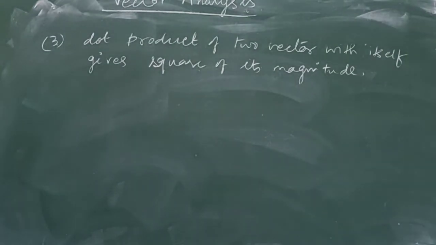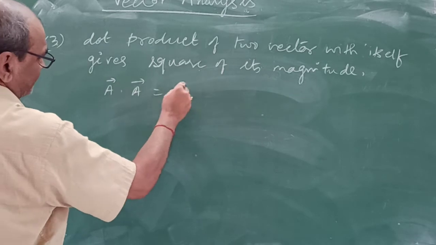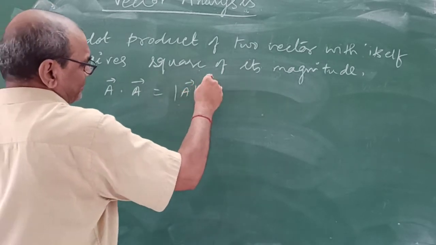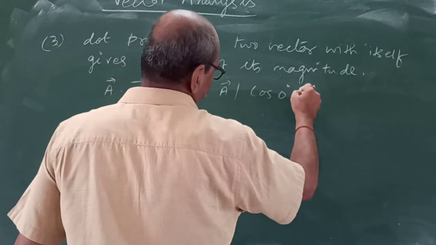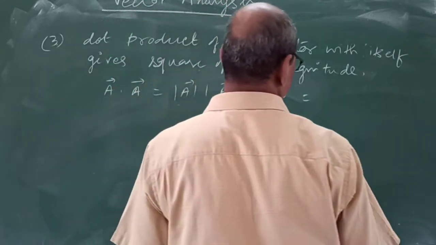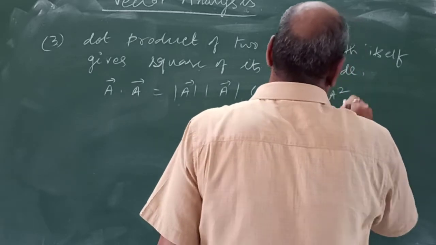Therefore, A dot A, very important, is equal to mod of A squared into cos 0 degree, because they are two parallel vectors.